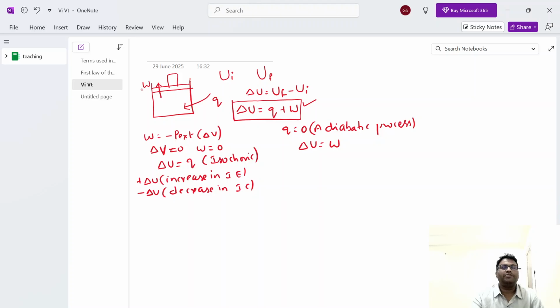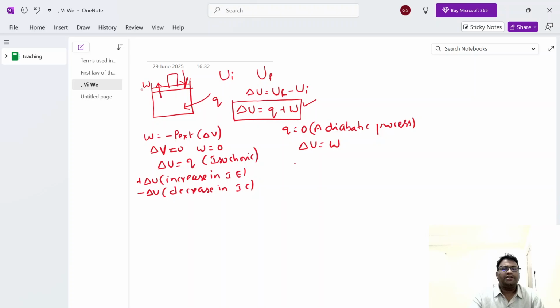When is W positive? W positive means compression. See, when you are compressing it, pushing it, then automatically delta U is positive. That means there is an increase in the internal energy. So when work is done on the system, there will be an increase in the internal energy.